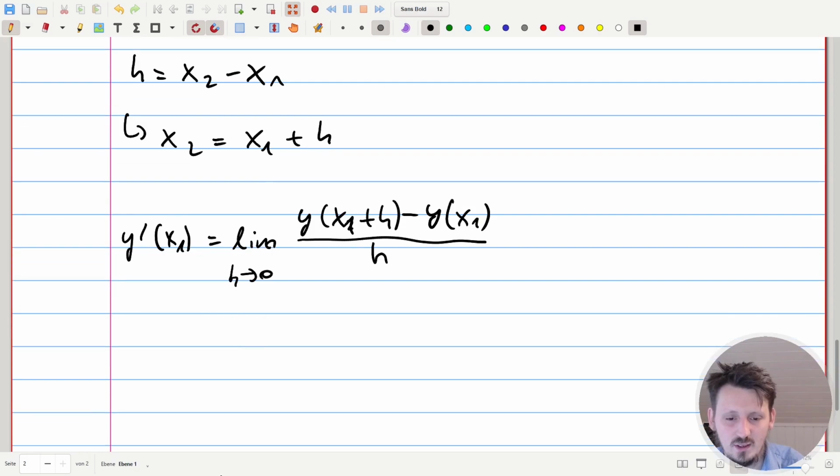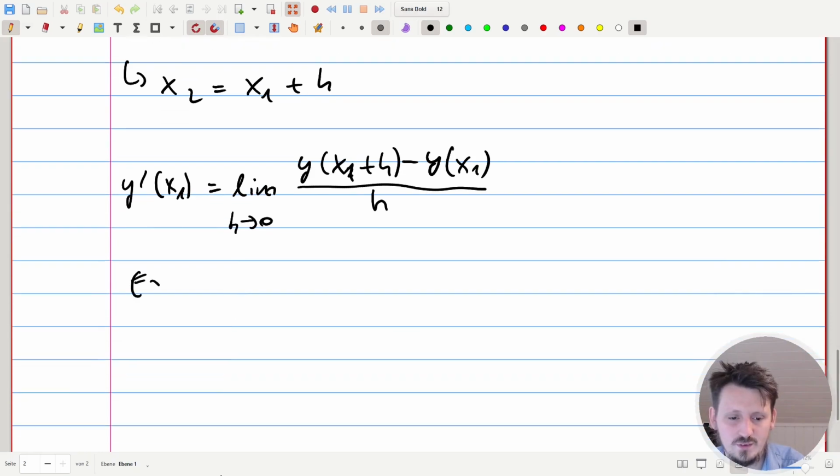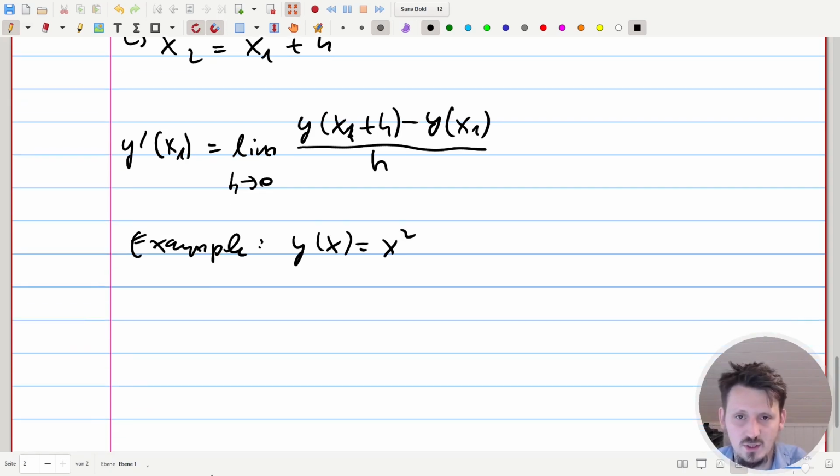And again, I would like to do this with the help of an example, which is again y of x equal to x squared, because I think this is a very instructive way to do that. So what we can do now in the next step is use this formula again and insert everything.